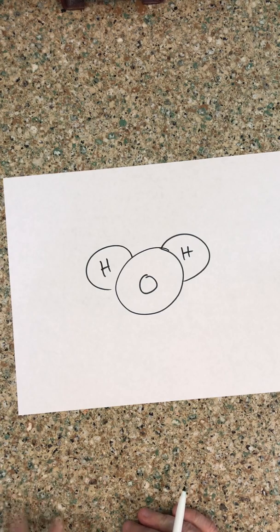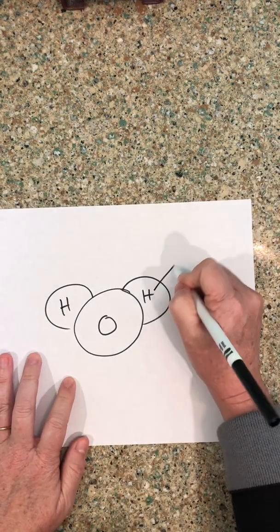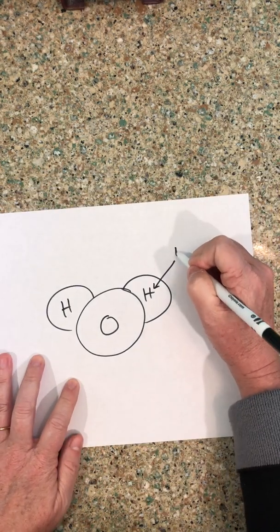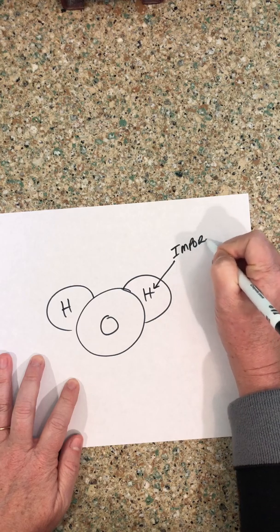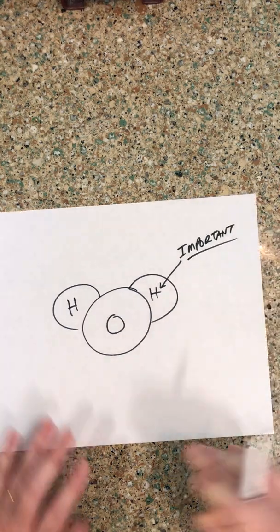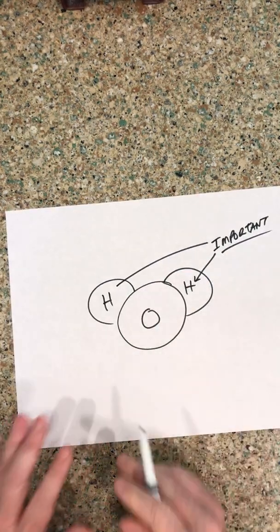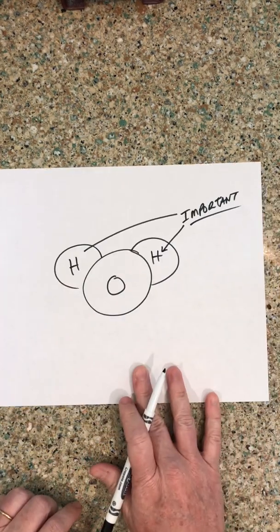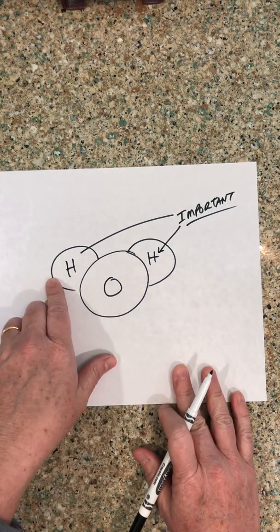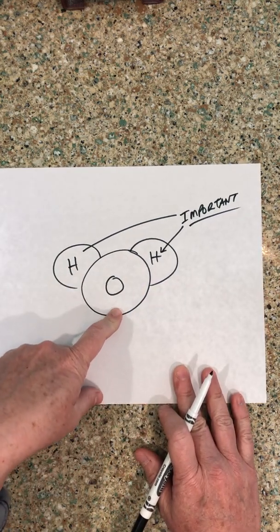I want you to remember this, and this is super important. Hydrogen is important. This is what the plant is trying to get. This is what it wants. It wants the hydrogen. But the hydrogen is bonded, annoyingly, to an oxygen.